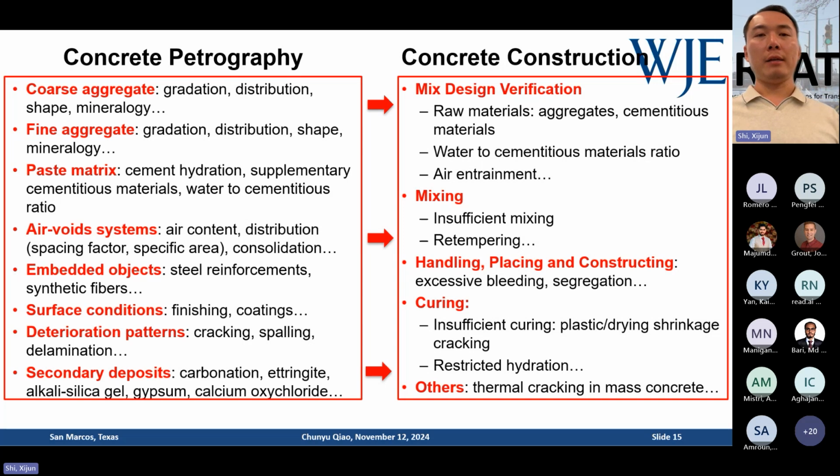We can look at aggregate, we can verify whether the components are consistent with the mix design or not, and we can compare the estimated water-cement ratio to the specified water-cement ratio, and we can also evaluate whether air entrainment is sufficient or insufficient. For mixing, like I said, do you have any insufficient mixing issues? Do you have any retempering issues? Do you have any consolidation issues? Segregation, that's handling, placing, constructing.